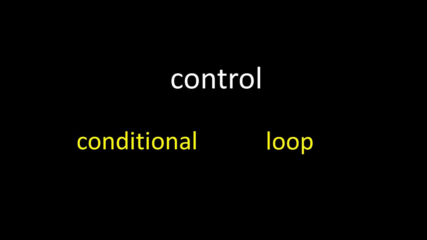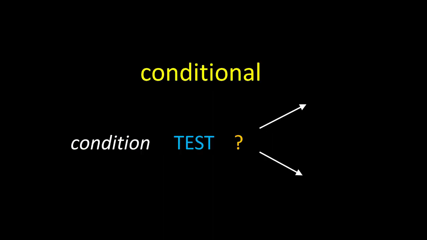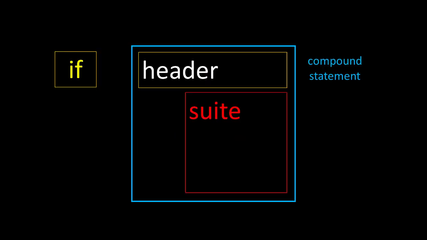Let's return to control. There are two types, conditional and loop. Conditional control tests a condition and uses the result to make a decision to redirect flow. This is done using the if keyword in a compound statement that contains two or more statements, structured as a header statement followed by an indented block called a suite.